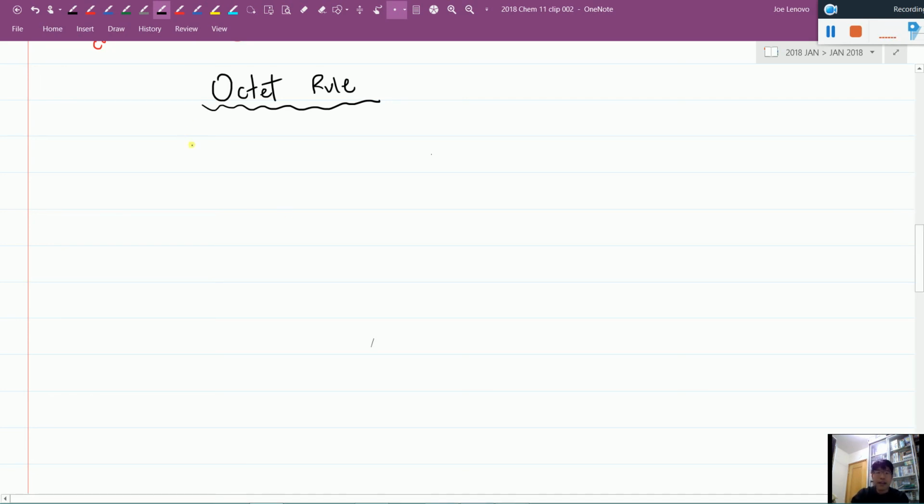So let's look at potassium. Potassium is K, and it is element number 19. So the electron configuration is 2, 8, 8, and 1. All the potassium ions that we find in the world are K positive.